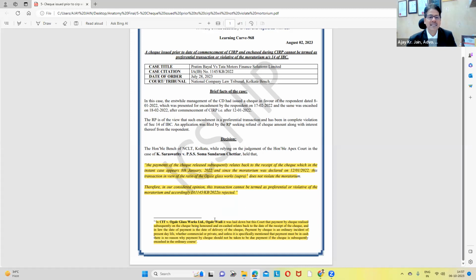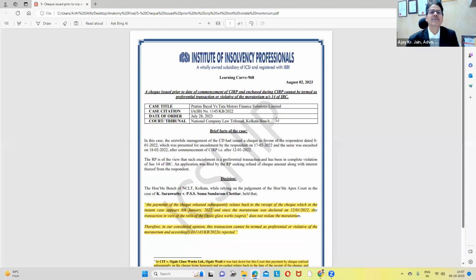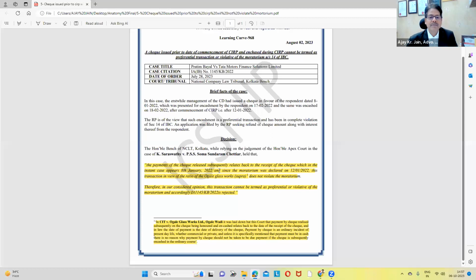IA number so rejected. Here one more reasoning has been given in the case of CIT versus Ogale Glass Works. It was laid down that payment by check released subsequently, on the check being honored and encashed, relates back to the date of receipt of the check, and in law the date of payment is the date of delivery of the check.